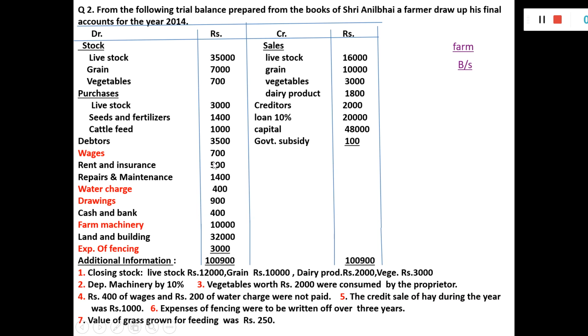Wages 700. We have to clear the adjustment regarding the wages. So here is the adjustment. Rupees 400 of wages and rupees 200 of the water charges were not paid. Go to the farm accounts.